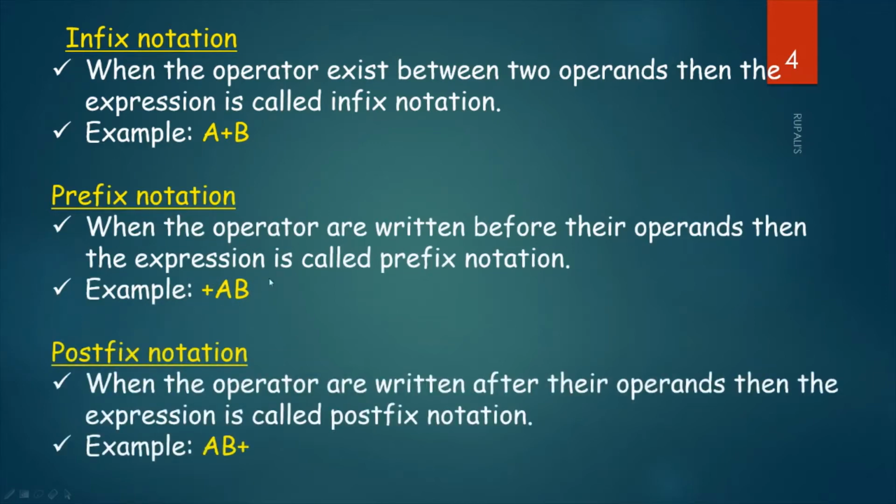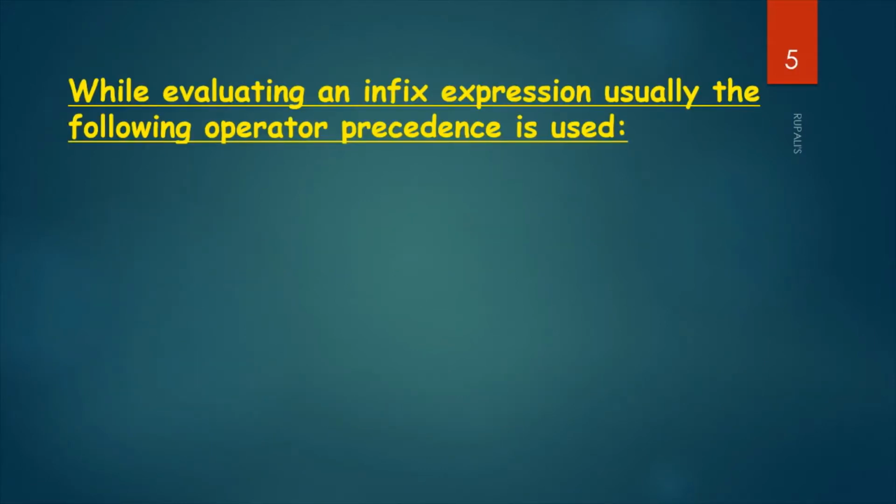And what is postfix? When the operator is written after the operands, then that expression is called postfix notation. So, by seeing the position of the operator, we can classify it as infix, prefix or postfix notation. The usual way of representing arithmetic expressions is infix notation.